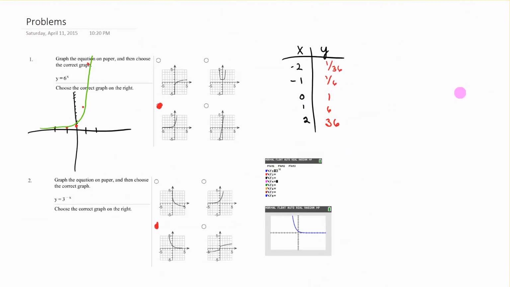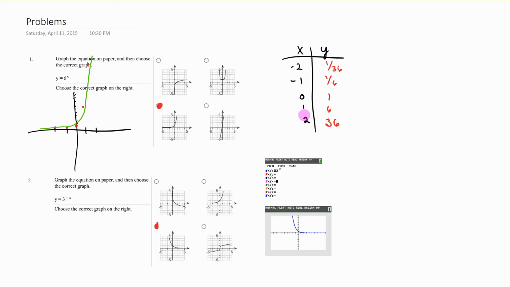All right, number 1 says graph the equation on paper and choose the correct graph. You really could do this one without your calculator, and I think it's a good idea to try to do that. On some it won't be as easy, and you could certainly use your calculator. But 6 to the x, remember to choose 5 values for x, getting a couple of negatives, 0, 1 and 2. These are the numbers I would try.